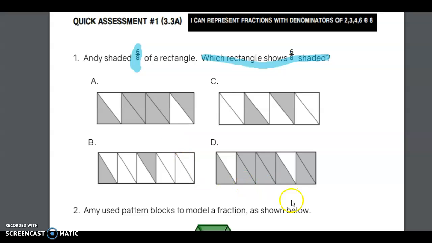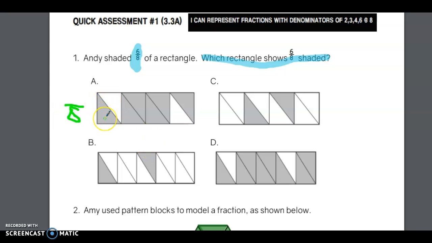Remember, your fraction pieces, your shape, whatever you're looking at, have to be equal parts. They all have to be the same size. So let's start by counting these, okay? 1, 2, 3, 4, 5, 6, 7, 8.